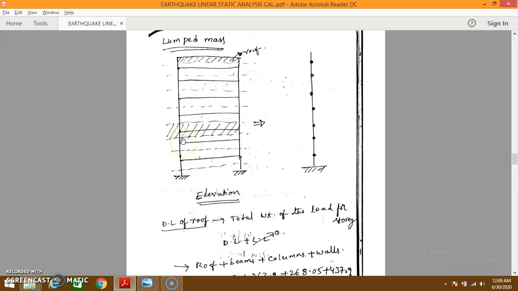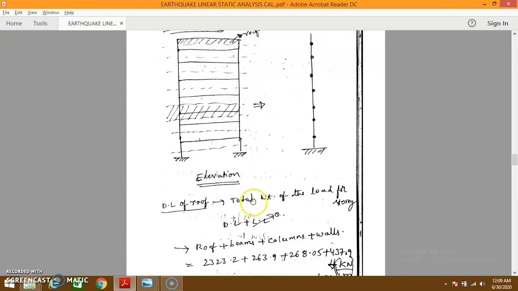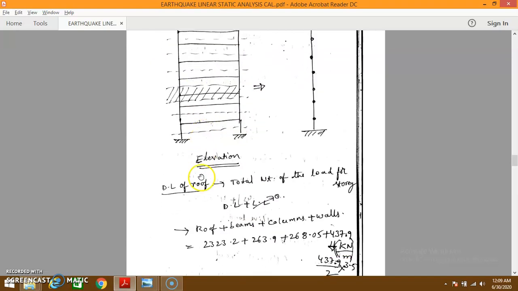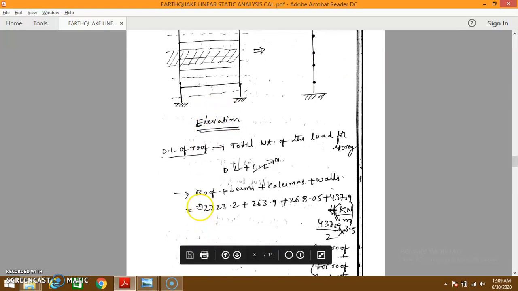This to this is 2, this to this 3, 4, 5, 6, 7. This is the half position on the roof. Only half of the column is considered on the roof. This is the lumped mass. This is the elevation part.